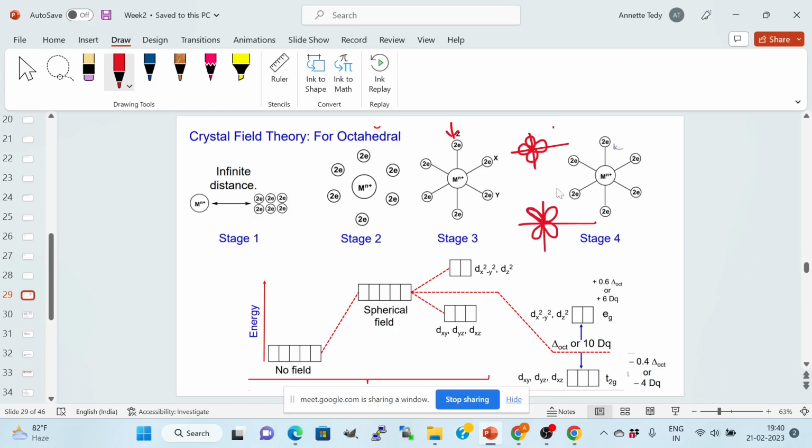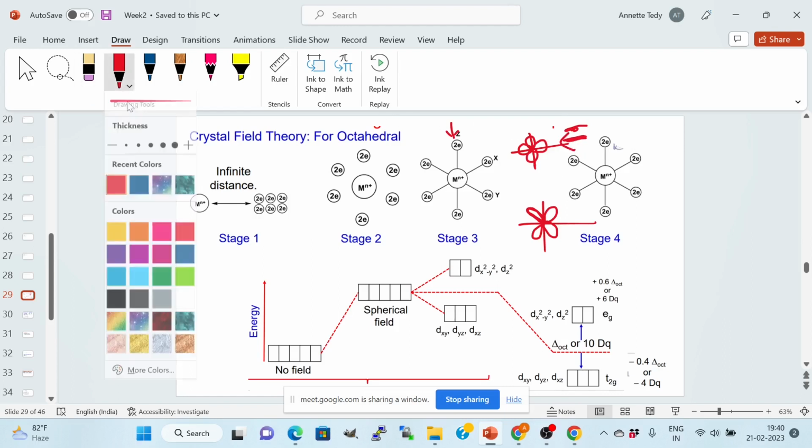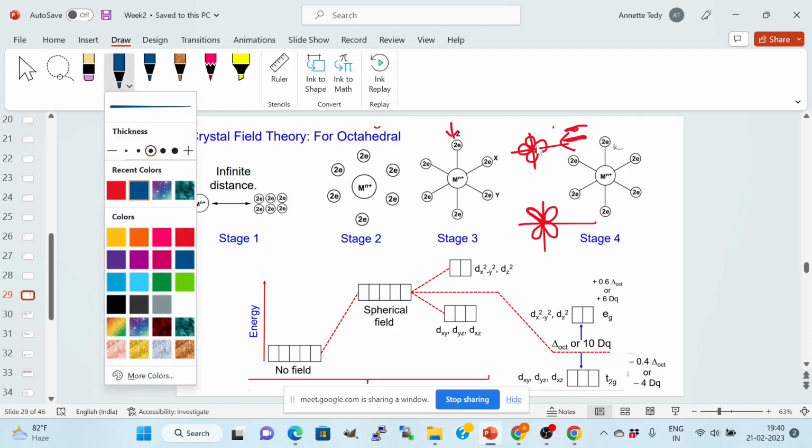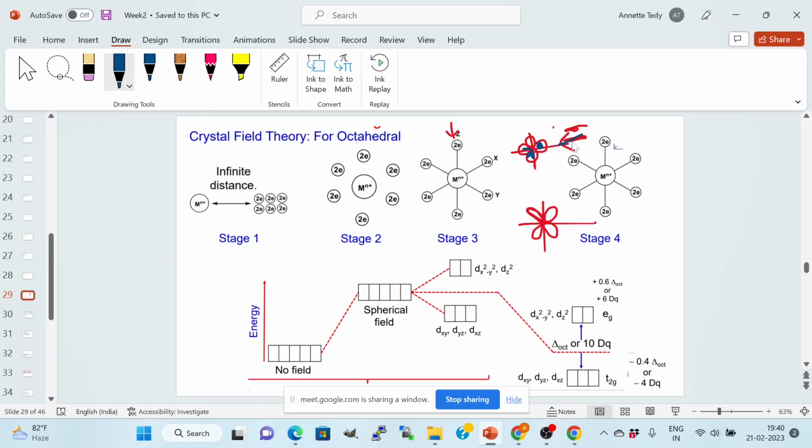So let me say that my ligand is coming from here, and my ligand is coming from here, and already there are electrons here, and there is a strong repulsion between these orbitals which are present on the axis when the ligands are coming through the axis.